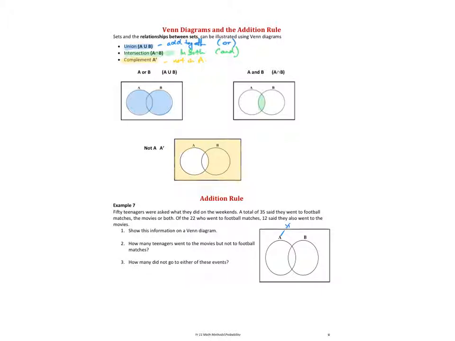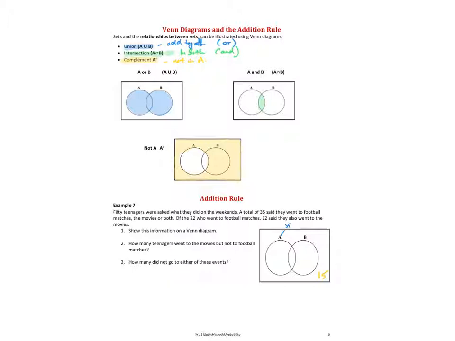So there's 35 of the 50 people who either went to the movies, the football, or both. What does that mean first up? That means straight away that 15 people did nothing. Everything outside the circles means they didn't do football or the movies.